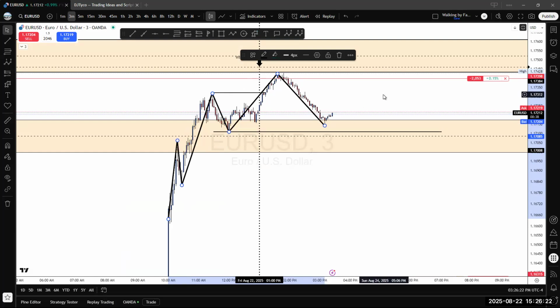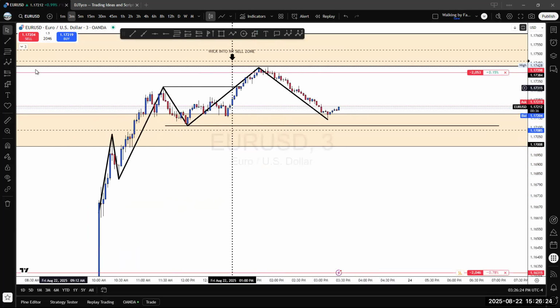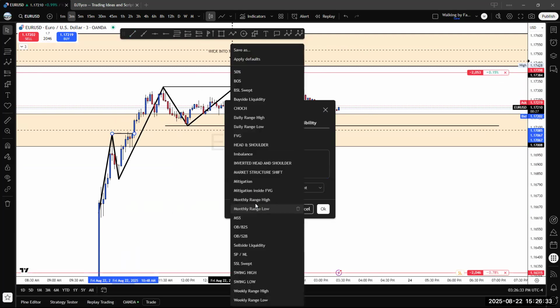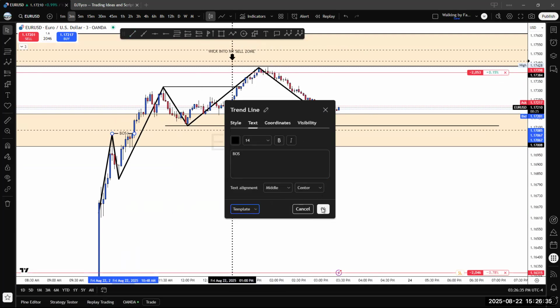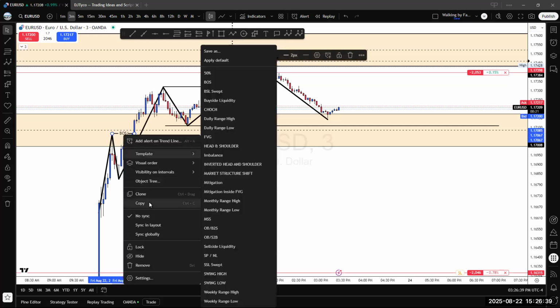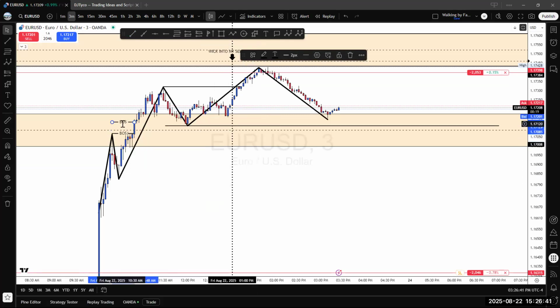Now every time you break a previous high, make a line, which in another terminology is breaking a structure. So every time you break a structure, guess what? You're forming a left shoulder.